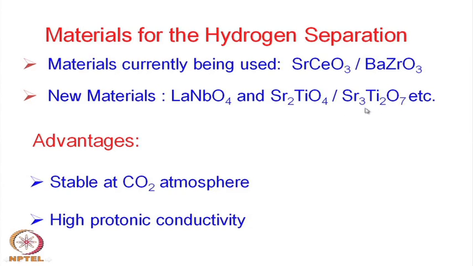This is also another form of strontium titanate of a different molecular ratio. Advantages again are similar: stable in carbon dioxide atmosphere and high proton conductivity. Okay. So, some of the oxides, as you can see, do also have proton conductivity, and not only oxygen ion conductivity, one can have hydrogen ion conductivity in such materials.